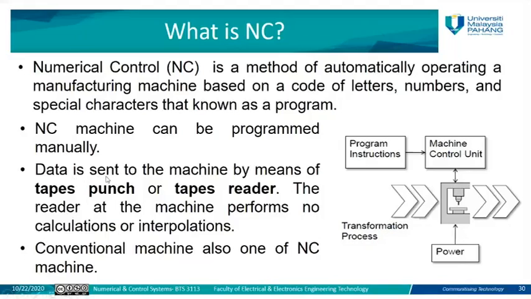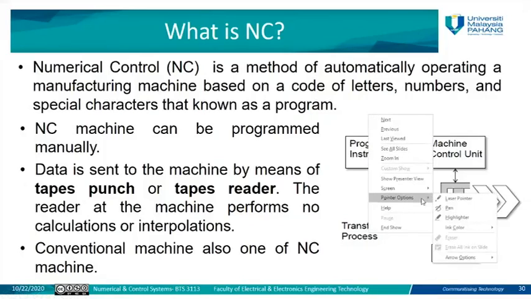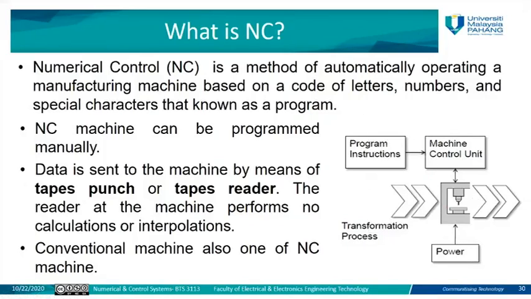Then the data is sent to the machine. The NC machine can be programmed manually. Manually means you use the keypad attached to the NC machine to enter the program instructions, and then the program instructions will be sent to the machine control unit, as you can see here.